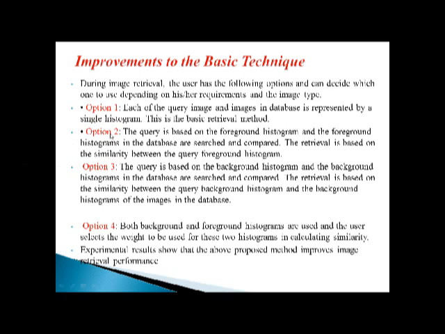Option 2: the query is based on two main histograms, one for the foreground and one for the background. Third is how the background histogram can have its information in the database. And the fourth option is that both foreground and background histograms can be used, and the user selects a way to use these histograms.